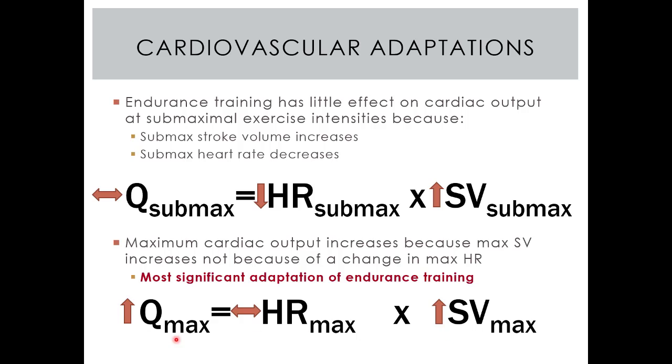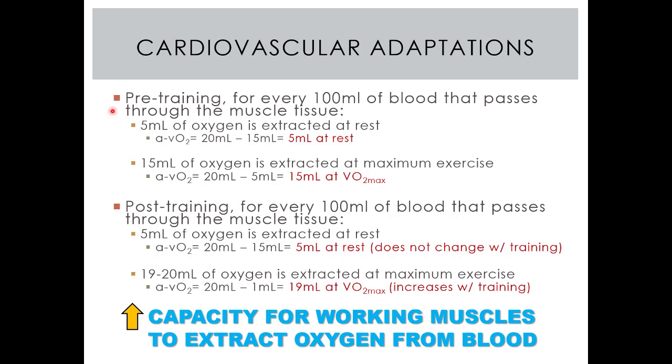And this improvement in maximum cardiac output is the most significant cardiovascular adaptation to endurance training. So now we know how the heart function changes with training. The maximum cardiac output increases from pre to post training, again, not due to an increase in max heart rate, but an increase in max stroke volume.